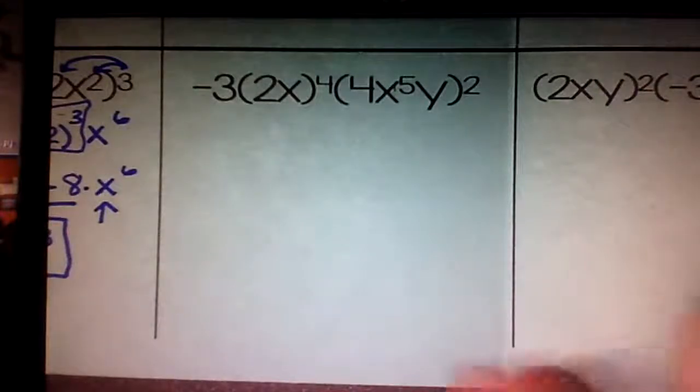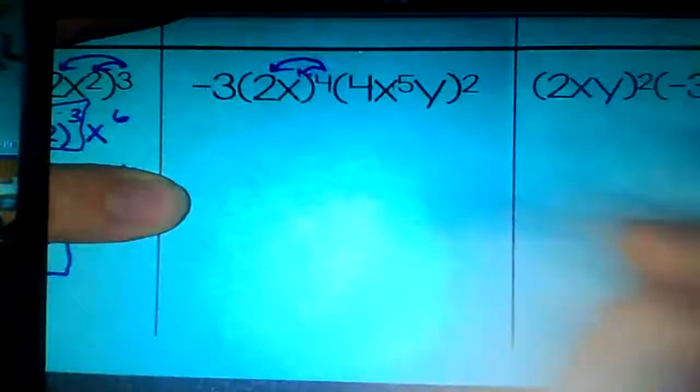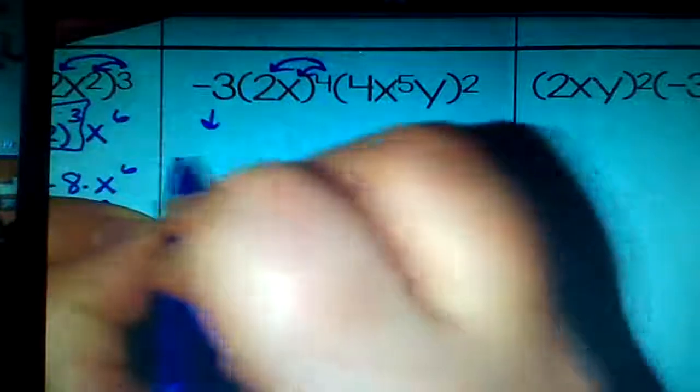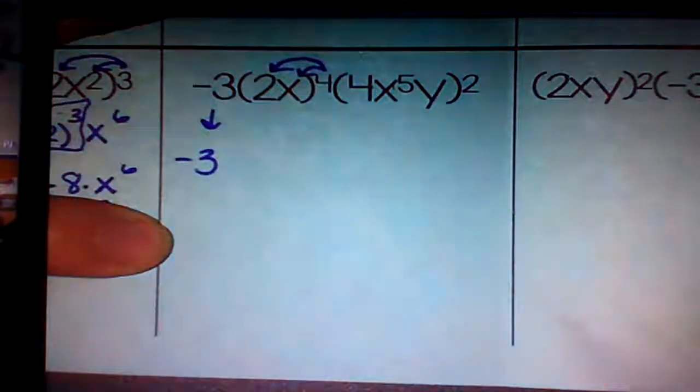Okay, how would you approach this one? Distribute around that 4. Okay, so we need to multiply all of the exponents in here by the 4, which means this negative 3 drops down. I don't even touch it.